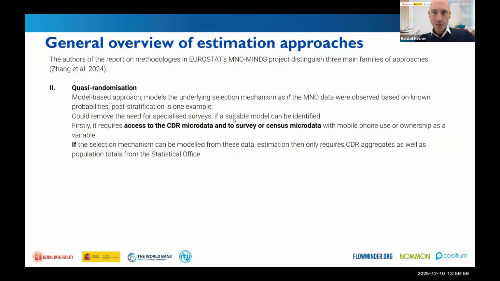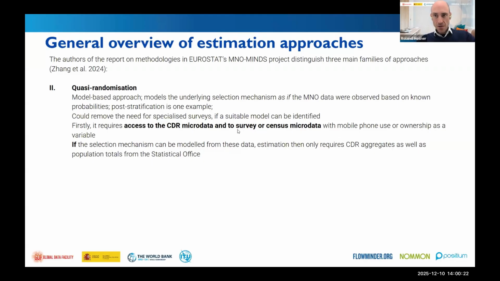But having such access and combining such data on the micro level is difficult. For data protection reasons, census data on the microdata level are usually restricted and kept by national statistical offices.